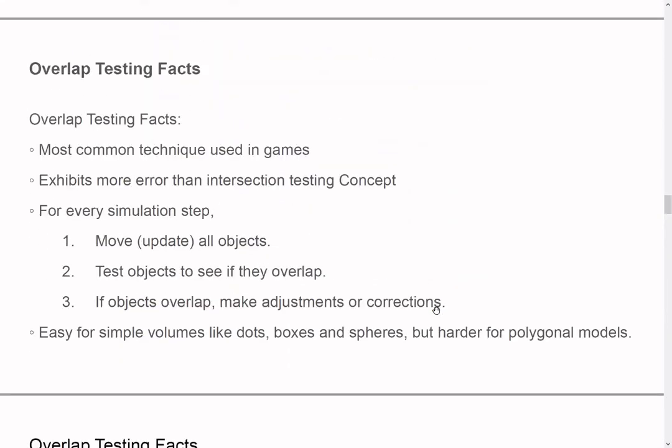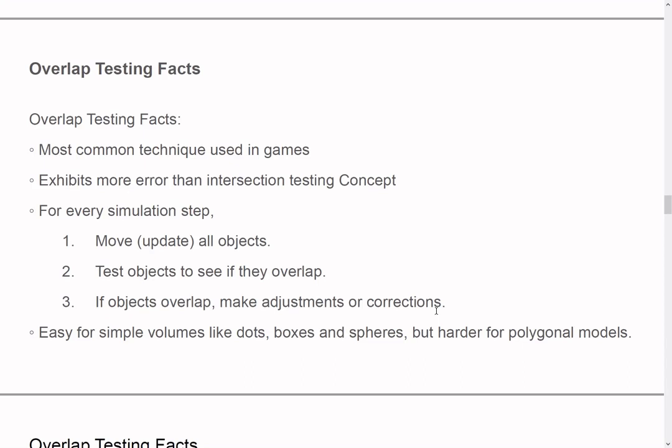Now look at overlap testing. So this is the most common technique used in games. And it causes more error than the intersection testing concept. So for every step, we update all the objects, and test the objects to see if they have overlapped.